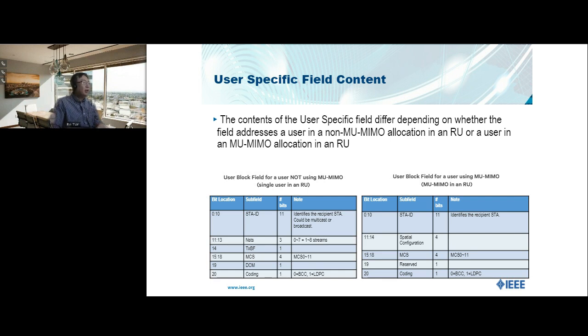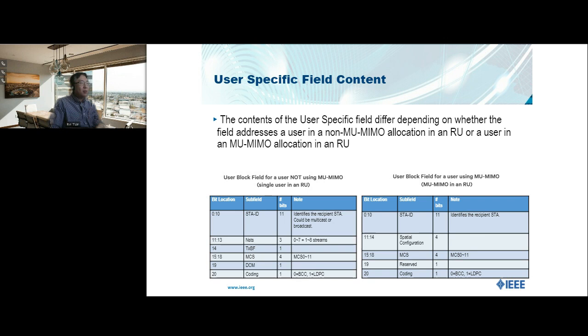If it's a single-user transmission in the RU, the first field is a station ID telling you which station this RU is assigned to, followed by the number of spatial streams, TXBF information, MCS, DCM, coding, and all the information needed for this transmission scheme.